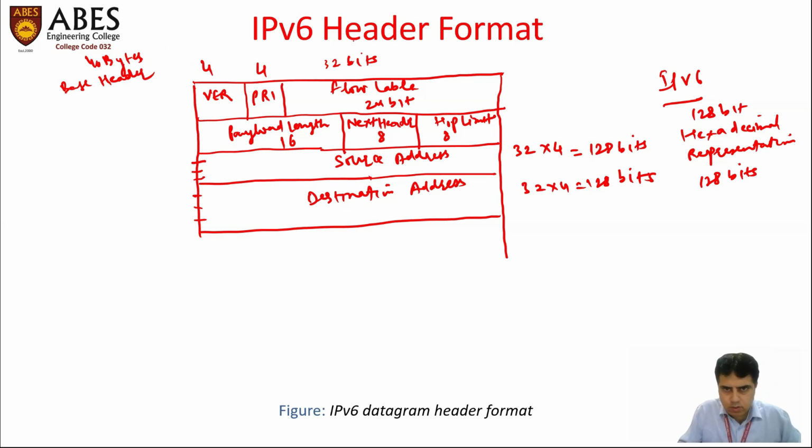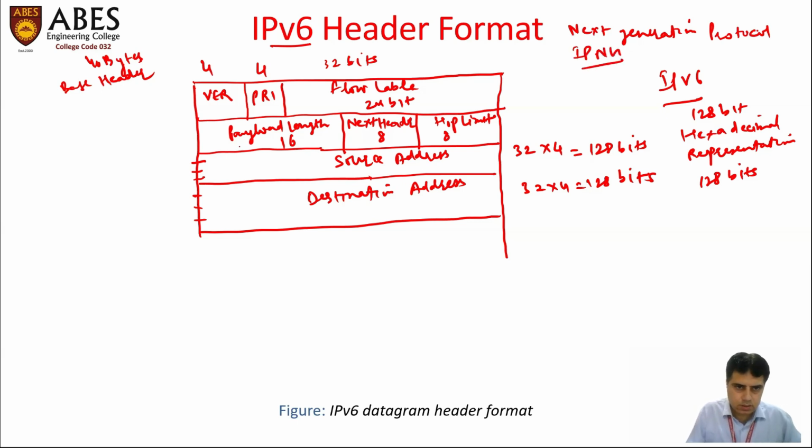It is also called the next generation protocol, IPng. So the first field is version, which defines the version of this IP protocol. The latest version is IPv6, so the value of this field is 6.